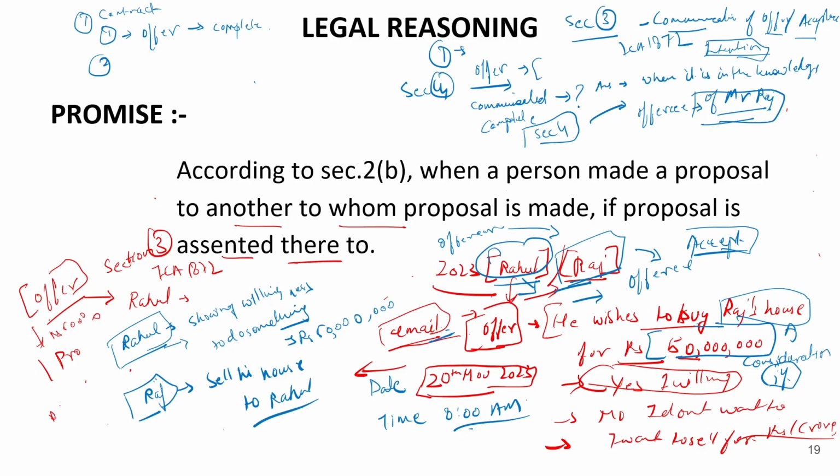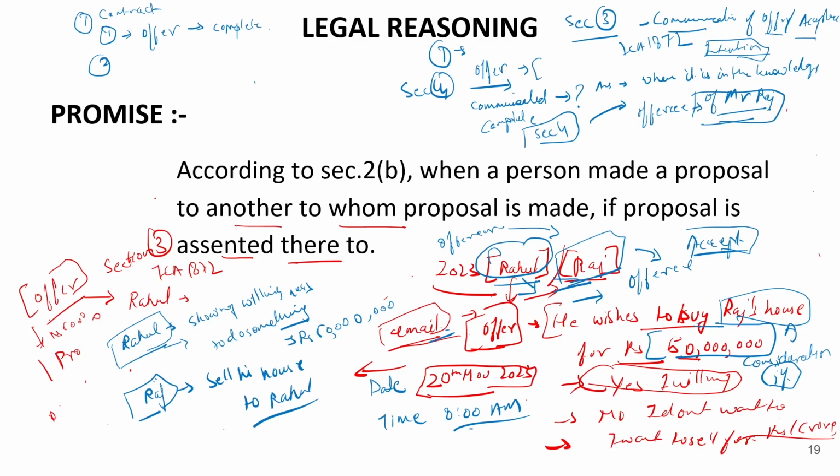But now let's take an example that Raj wishes to sell his house. There can be two instances. First, Raj wishes to sell his house for the same amount which Rahul had offered. Rahul wanted to purchase the house of Raj for 50 lakh rupees.